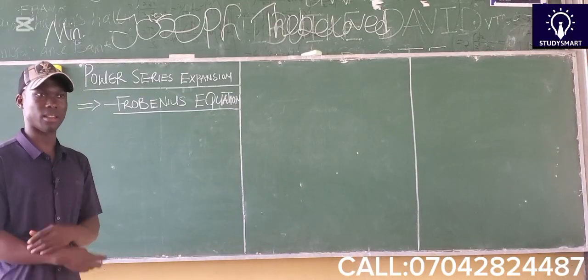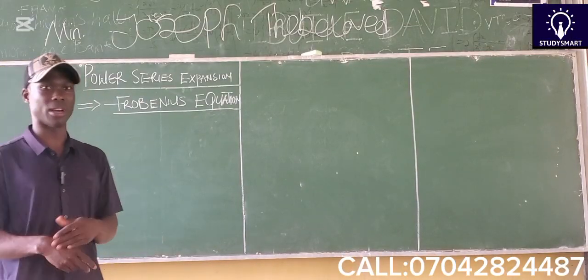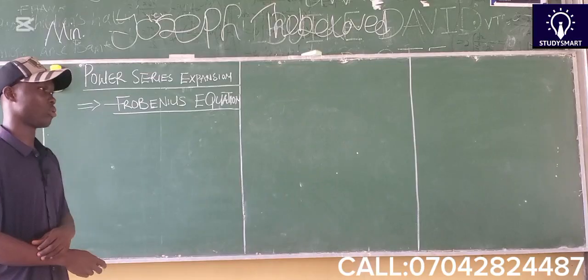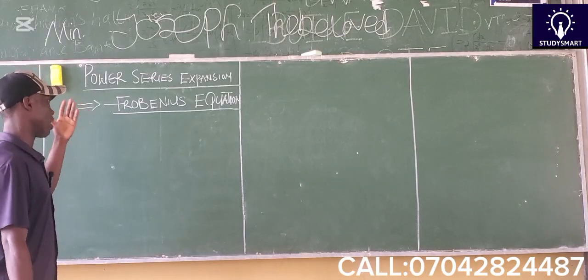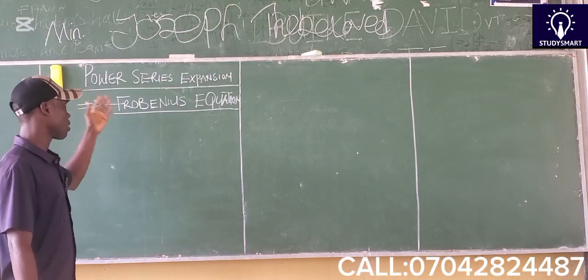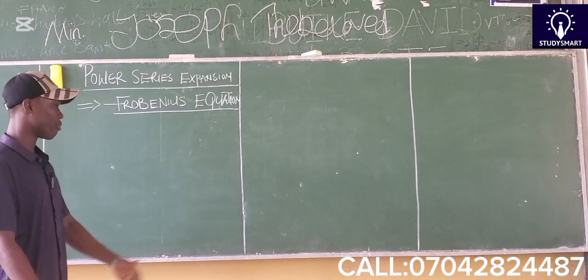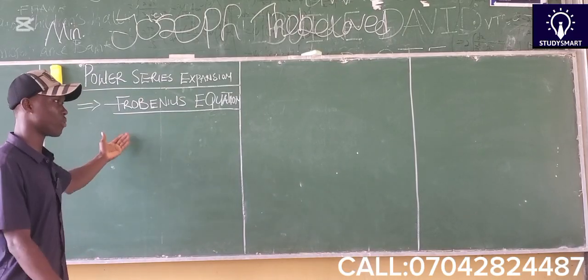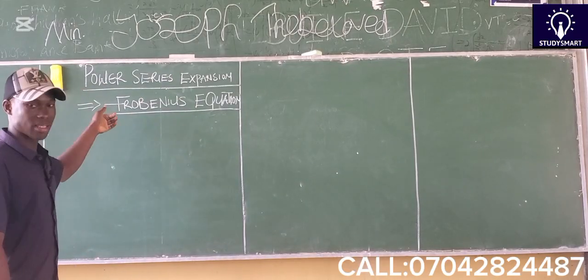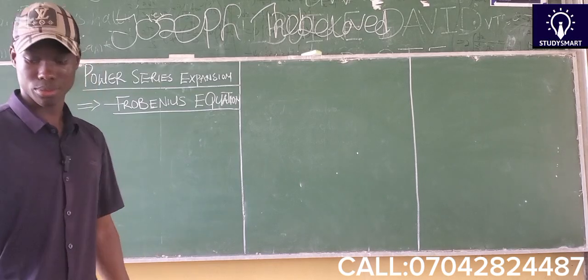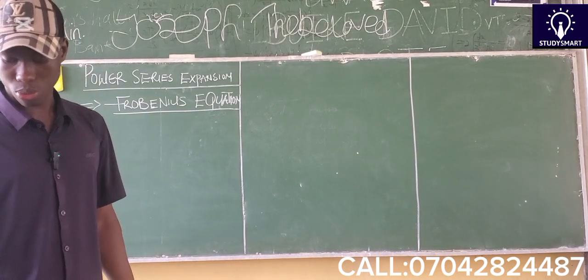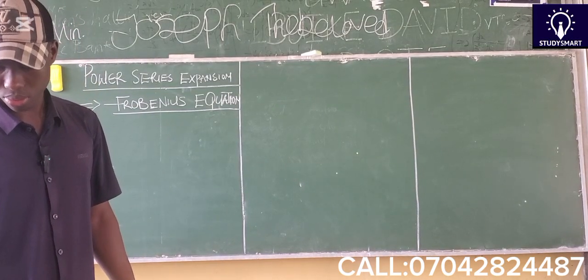We have the Bessel and Legendre polynomials, and what have you. So in the course of this video, we are going to be drilling on the Frobenius equation of the power series: how to use the Frobenius equation to write a power series. So that's what we are going to be talking about now.